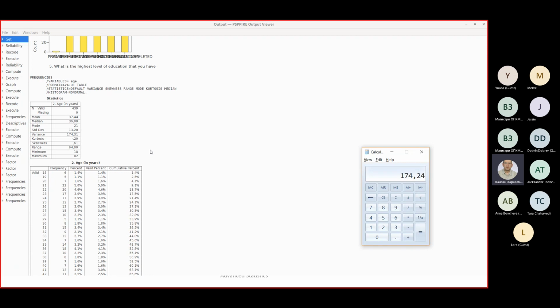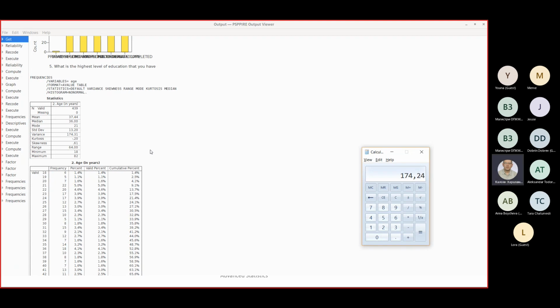The third group are the measures for shape of distribution. And in this group, we have two measures, skewness and kurtosis.